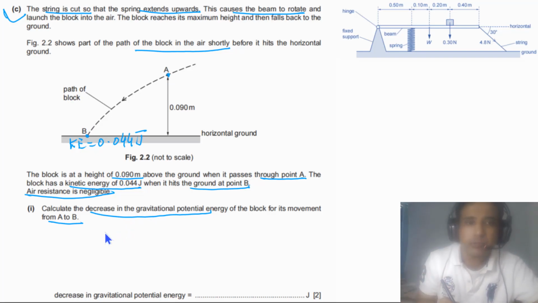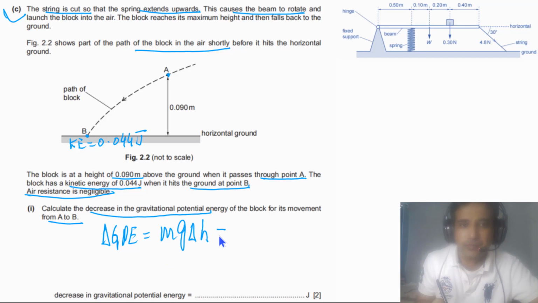So this question is pretty straightforward. We need to calculate the decrease in GPE. So simply we can say delta GPE in this case will be equal to mg delta h. For this question, the weight of the block we have, that is equal to 0.30. So this is the block, the weight of the block we have. So simply we can write 0.30, and the decrease in height is equal to 0.090.